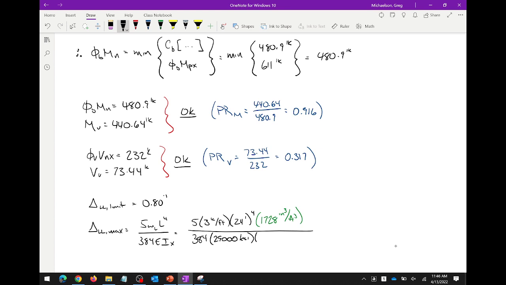And now we're using 1330. And so when you chug that out, oops, sorry. That should be 0.581, and that obviously works.